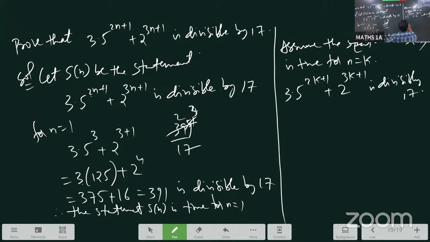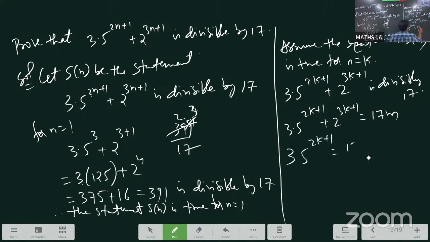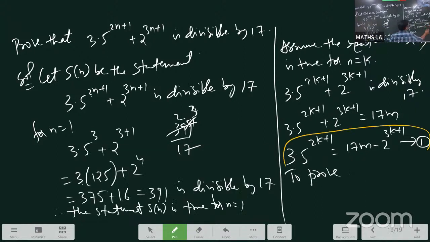It means what? Therefore, 3 into 5 to the power 2k plus 1, plus 2 to the power 3k plus 1 equals 17m, where m is an integer. Now, 3 into 5 to the power 2k plus 1, you will make it as subject always, minus, bring it to this side, 3k plus 1. We will put it as equation 1. Now, to prove this I am going to use this part in the next board.